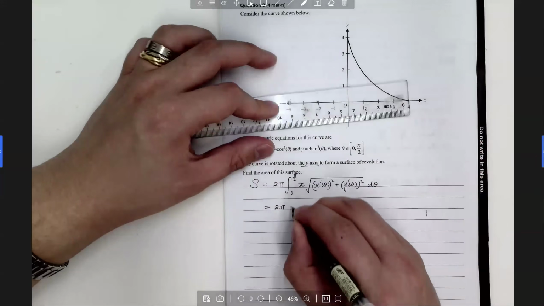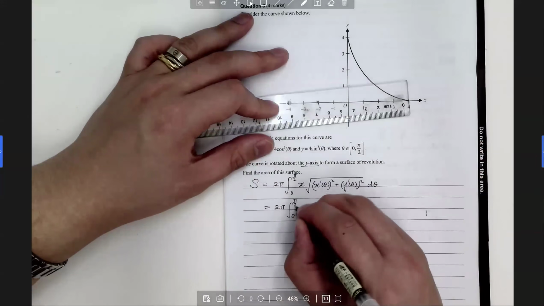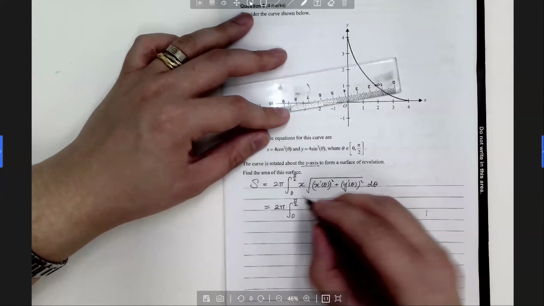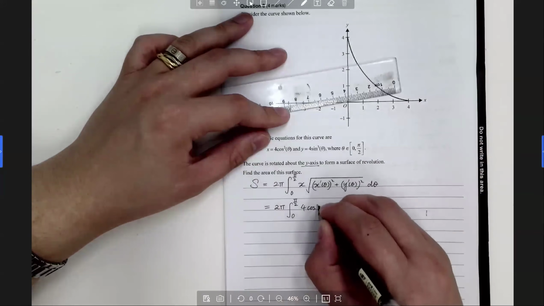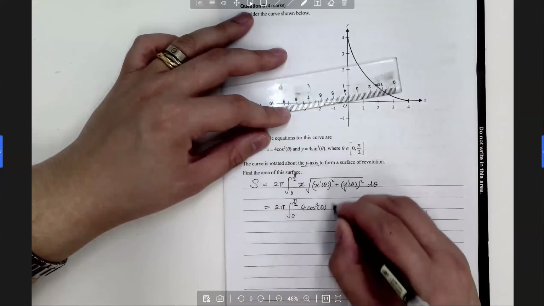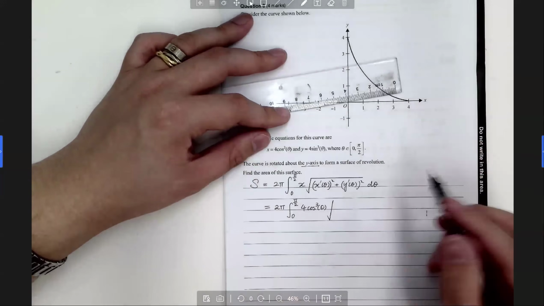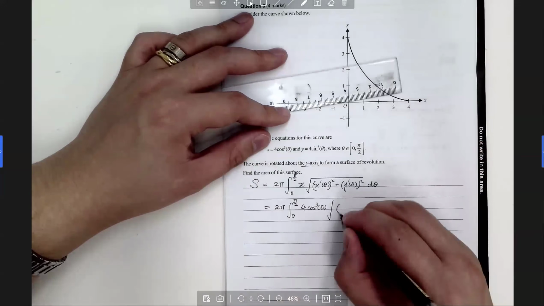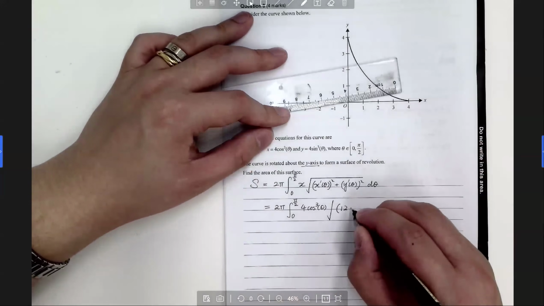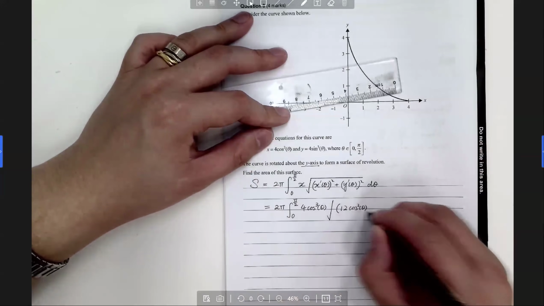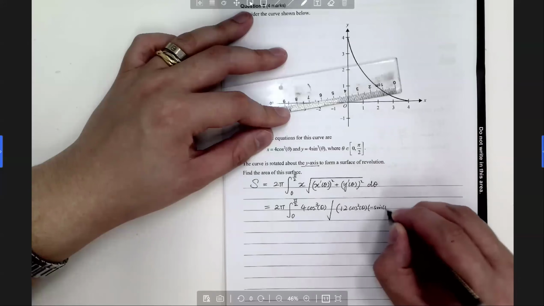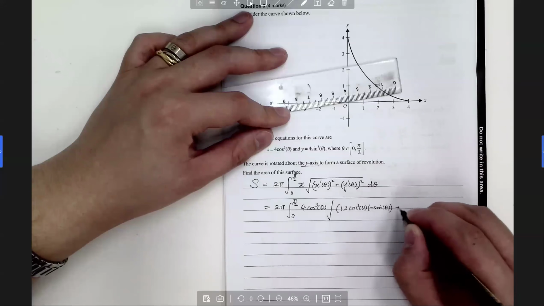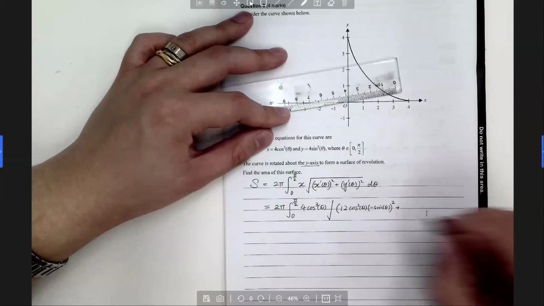It's 2 pi from 0 to half pi, and you should have, let's say, 4 cosine to the power 3 theta. And if you differentiate both parts, you will get 12 cosine squared theta times negative sine theta. That's one part. Don't forget a square here.